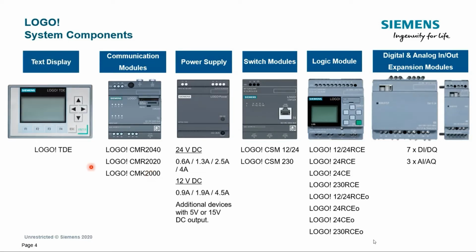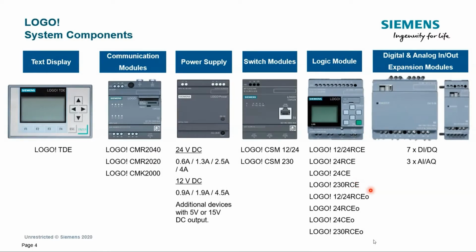Last is the Logo text display. This is a small HMI designed only to work with the Logo logic module. It's very similar in functionality to the integrated display of the logic module, but the idea is that this can be mounted on a panel door, so it can be visible from outside the cabinet.